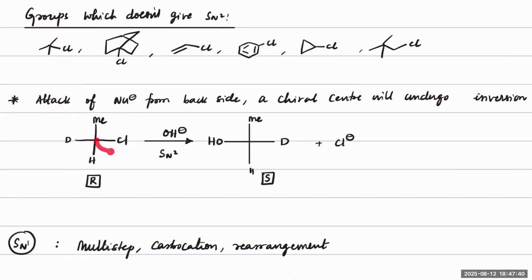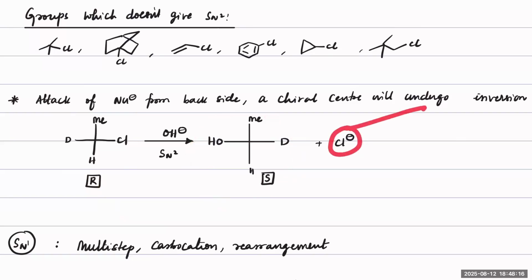But if this was R configured, I discussed with you how the absolute configuration works, when it is R and when it is S. So imagine if this is R configured, after the reaction it has to become S configured. Then we say that the inversion has happened. So you can see R becoming S.